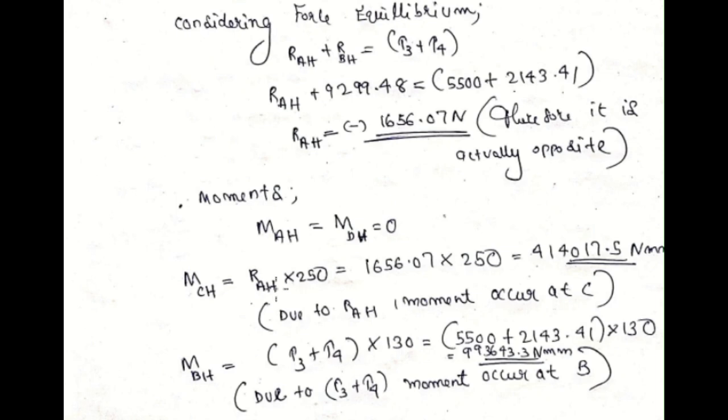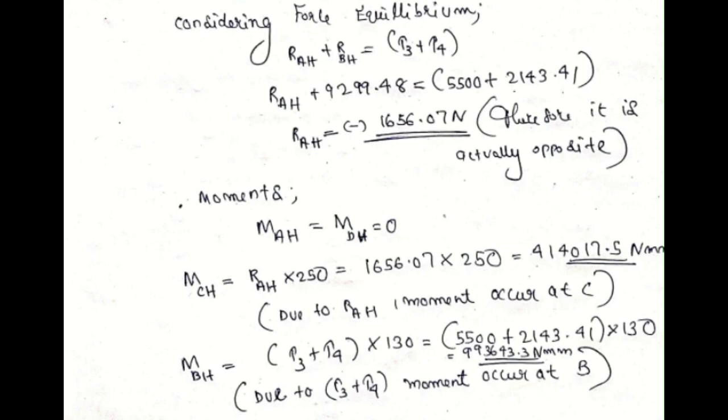At point C, it is due to the reaction force, the horizontal component of RAH, which is causing a moment at point C. For point B, there is T3 plus T4 acting in the downward direction, which is causing a bending about that point, so obviously it will have some moment influence at point B. So when taking the horizontal part, MCH and MBH are present: MCH is due to RAH and MBH is due to T3 plus T4. So you can find MCH and MBH.